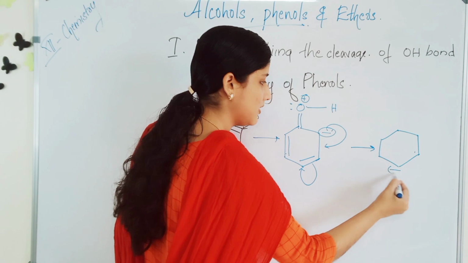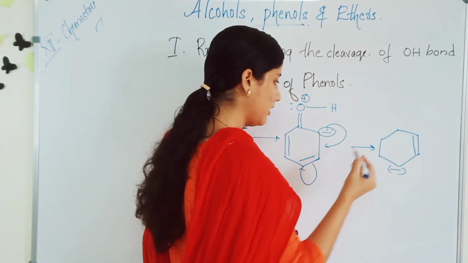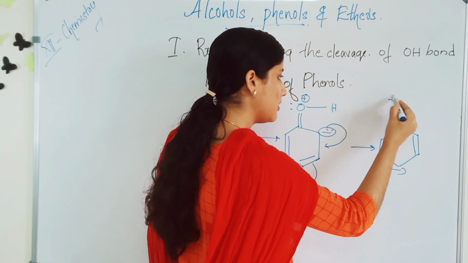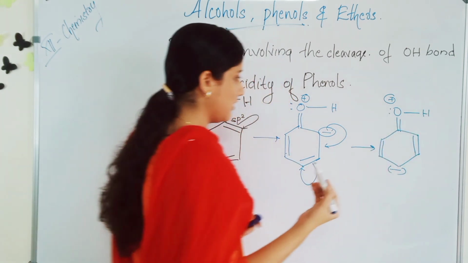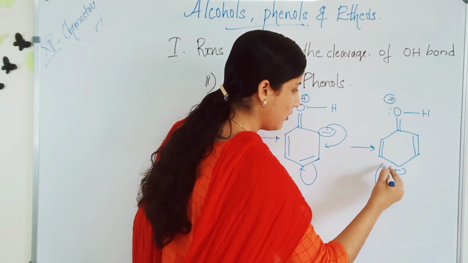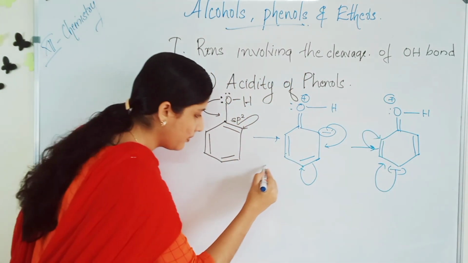Here a negative charge. You can see here there will be a double bond, here double bond oxygen, positive, and here you will have a hydrogen. Similarly, the negative will go here and here it will be negative charge.